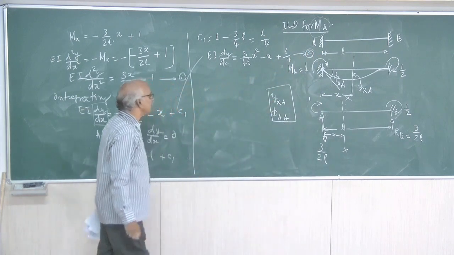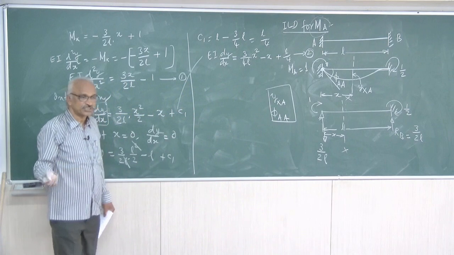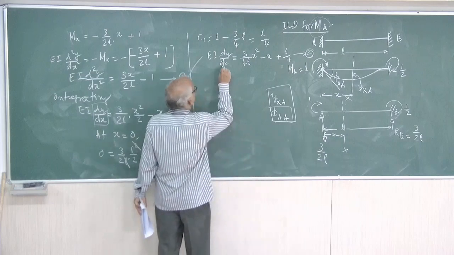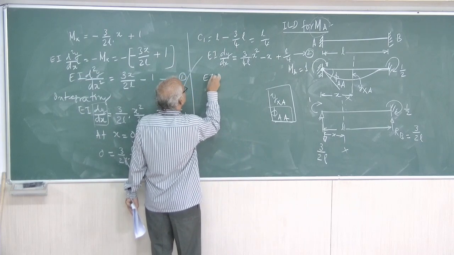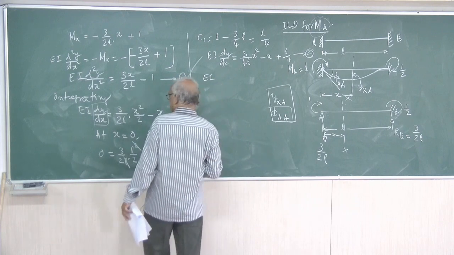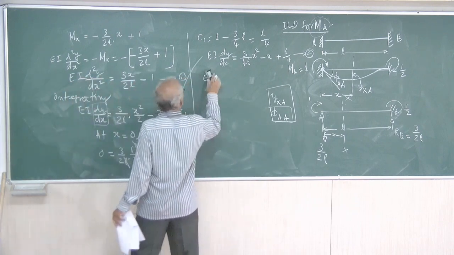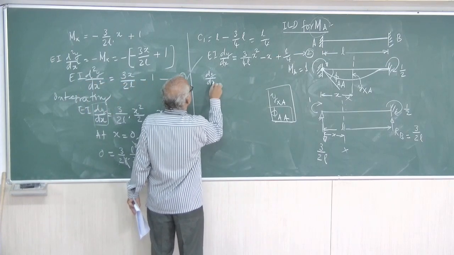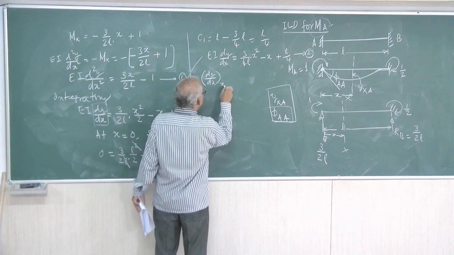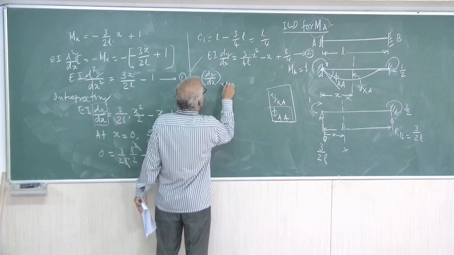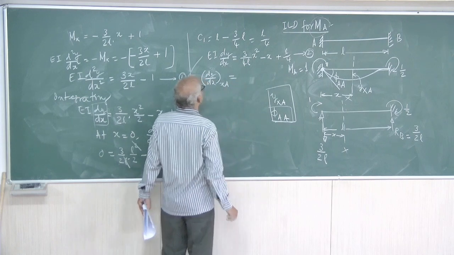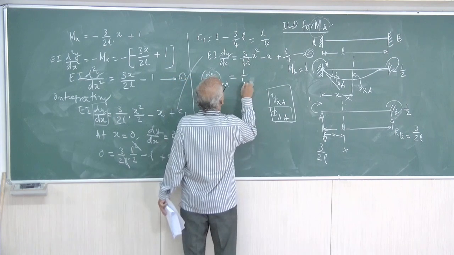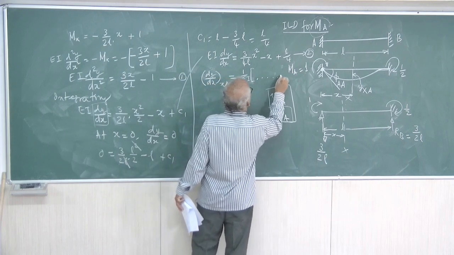Now, before proceeding to the next step, you want the value of phi AA. This is actually dy/dx, which you can retain on the left hand side, at some point x due to unit moment M_A equal to unity. Dy/dx at any section x due to unit moment at A equal to 1 by EI into this value.